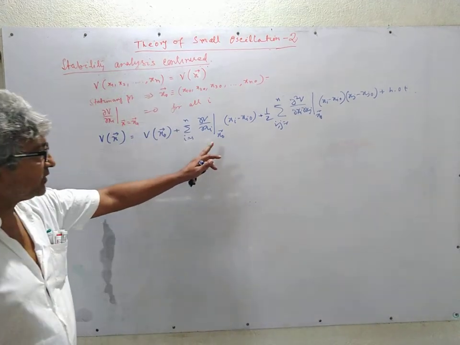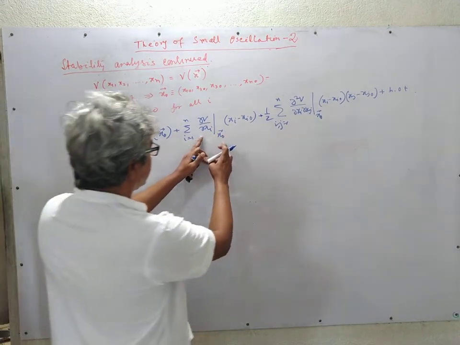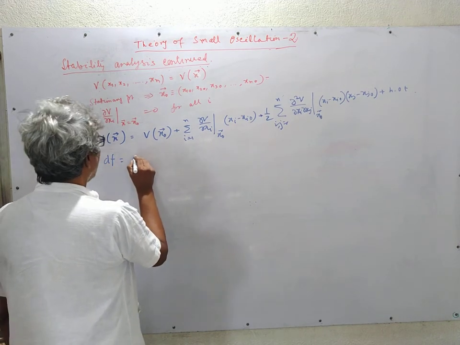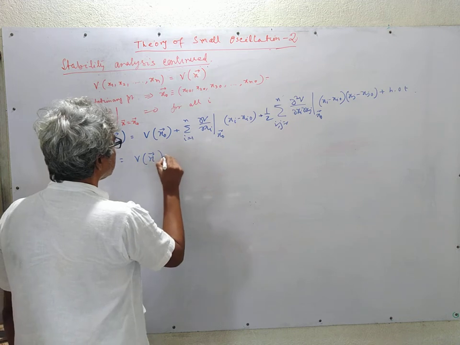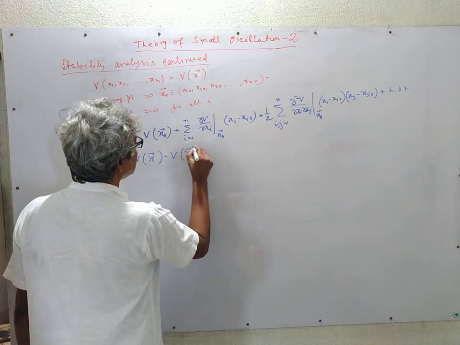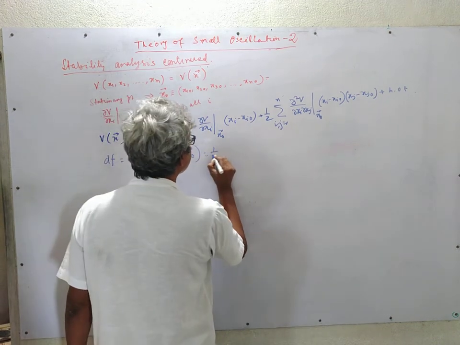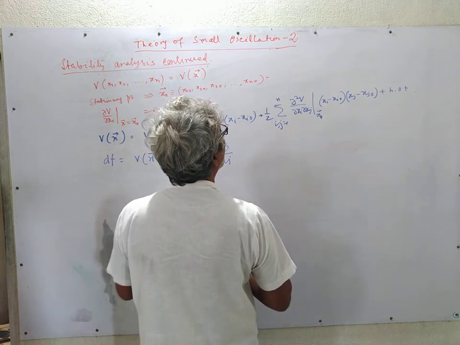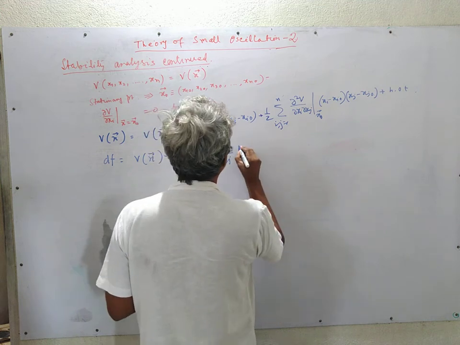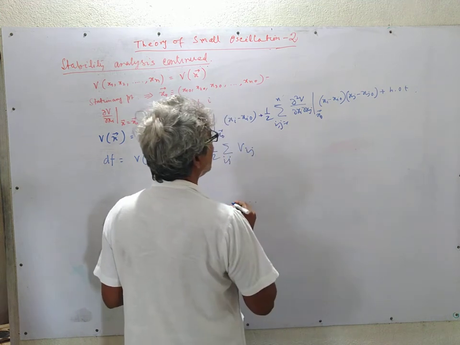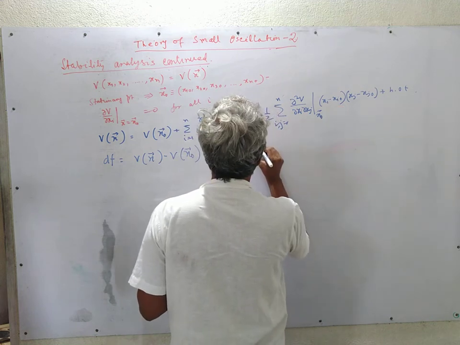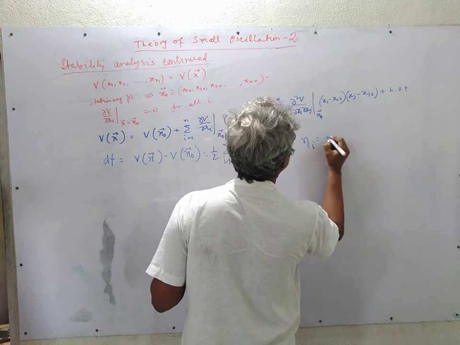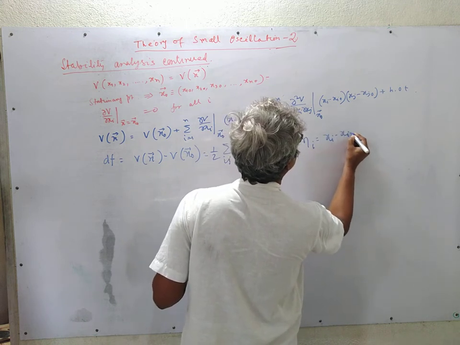By the definition of a stationary point, the first-order term is 0, so we write delta V equal to V at x minus V at x0, which is equal to half of this quantity, which we call Vij, times eta i, eta j, where eta i is defined as xi minus xi0.